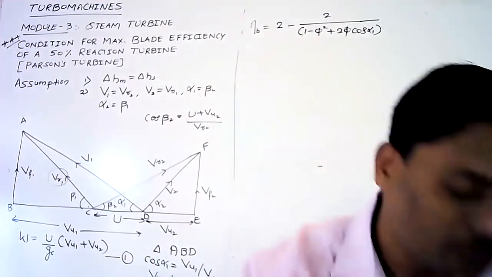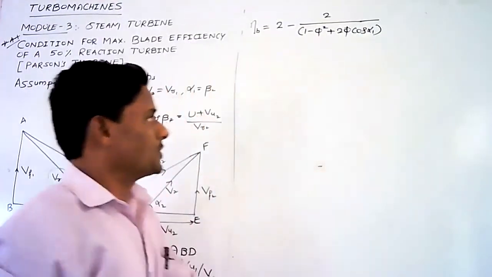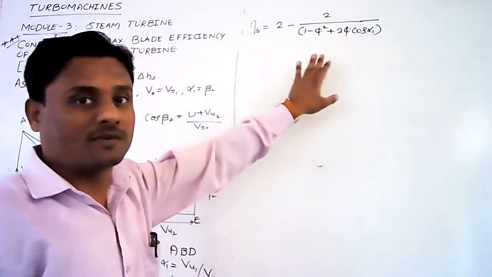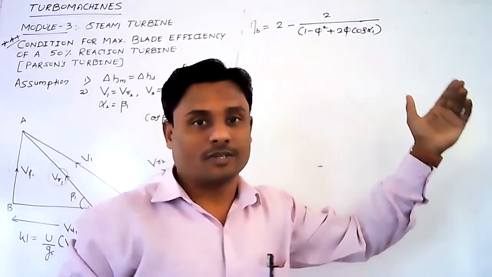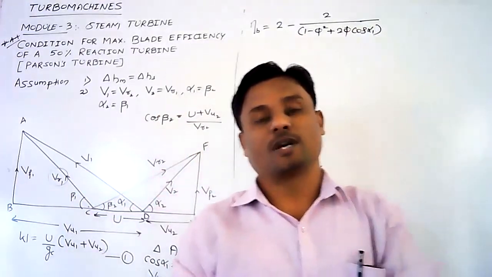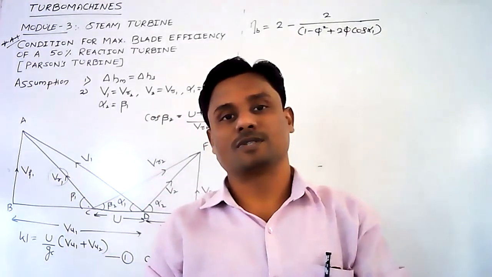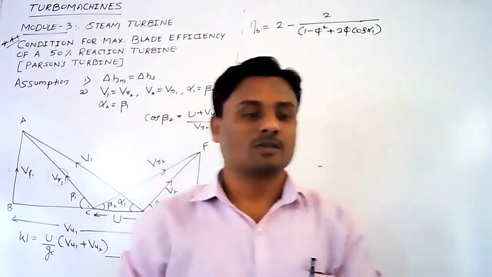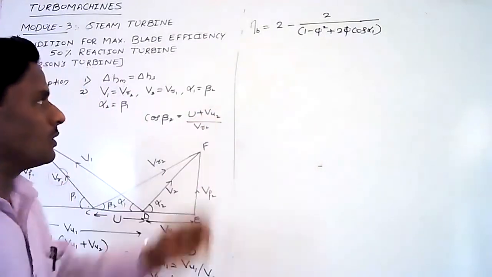For that, I have to differentiate this equation with respect to phi and equate it to 0. As we have seen in the previous derivations, like the condition for maximum blade efficiency of a single stage impulse turbine and two stage impulse turbine, we have done the same steps here also.